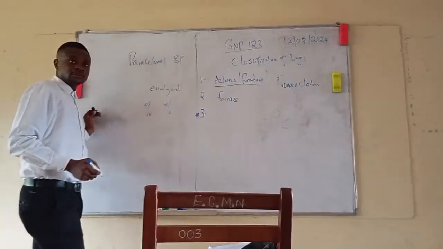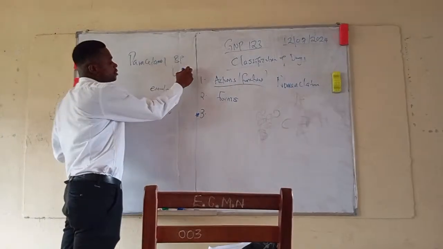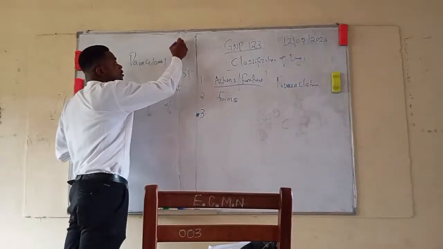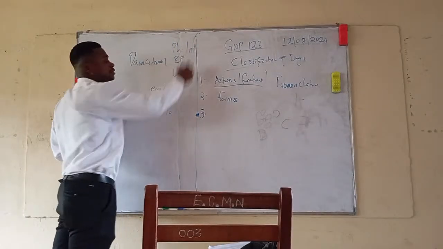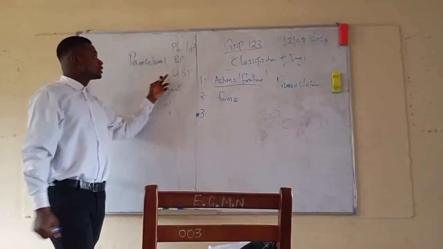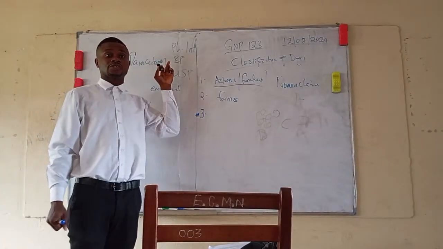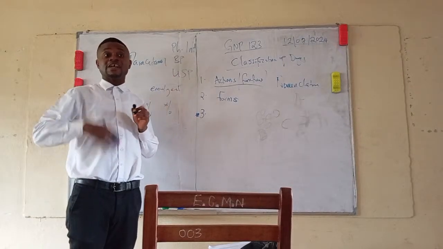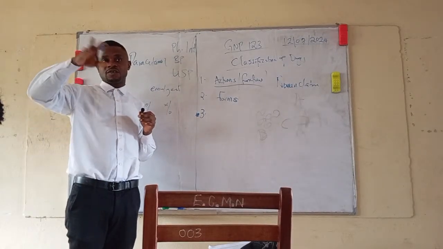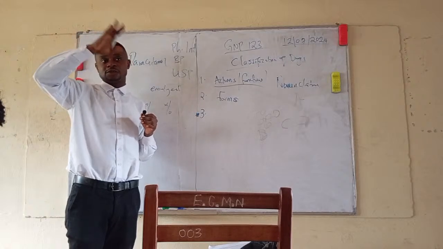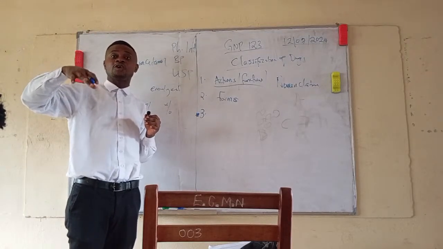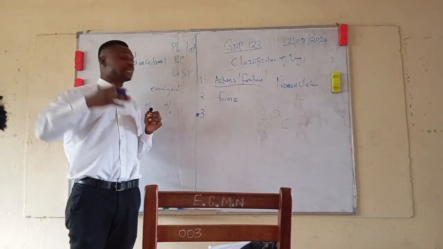Some you see USP, some something like this. Now, these things are what are called the official books. Pharmacopoeias are reference books, official books that show the standards of formulation of a particular drug, and everything concerning that drug being formulated as medicine.